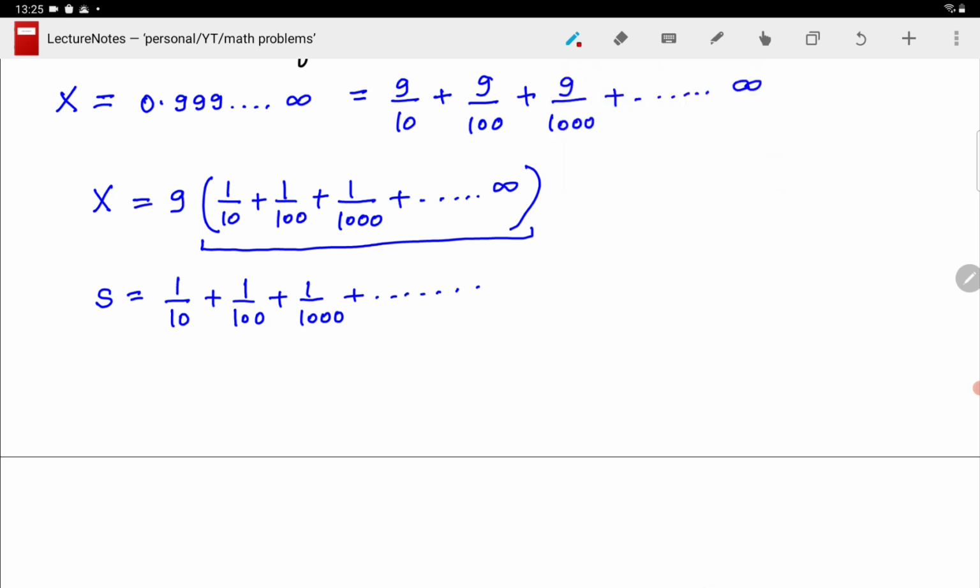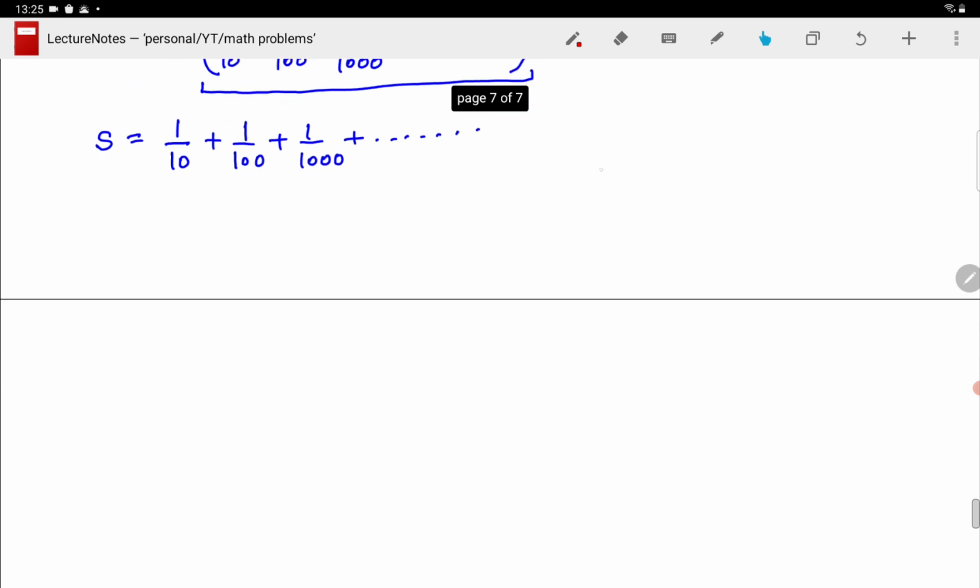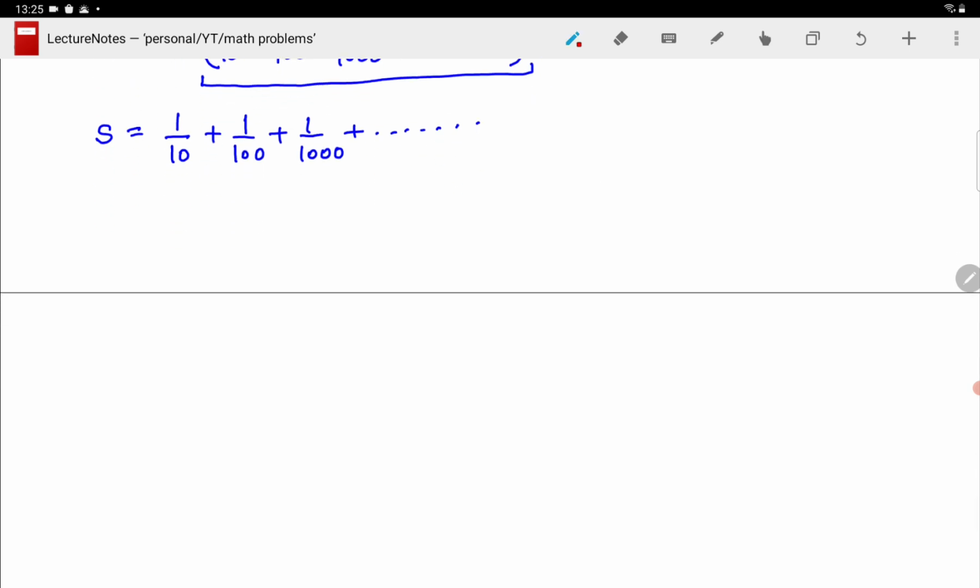So a geometric progression is a series of terms which go something like a times r, a times r square, a times r cube, and so on.